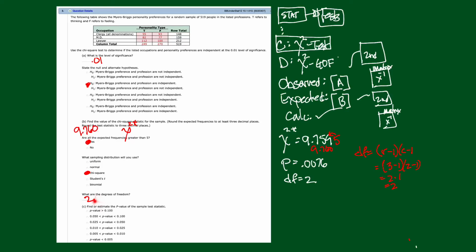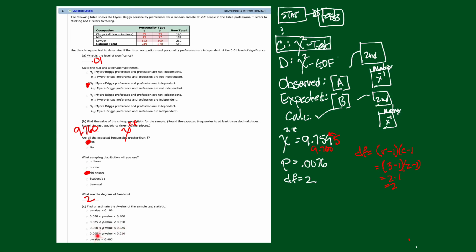Now, down here, the p-value. Estimate the p-value. What do we get? We got 0.0076. That's about 0.76%. It's not even 1%. So where are we down here? This is 5% to 10%. This is 2.5% to 5%. This is 1% to 2.5%.